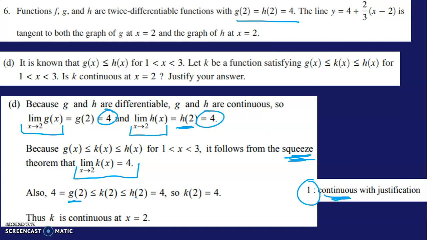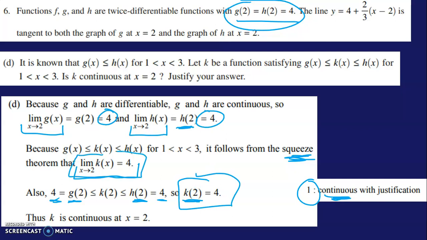We knew that g of 2 and h of 2 are both equal to 4, again from the original problem stem. And we know that k is in between them, therefore k must also be equal to 4. K of 2 would be equal to 4. So since k of 2 is equal to 4, and by the squeeze theorem, the limit as x approaches 2 of k of x is also equal to 4.